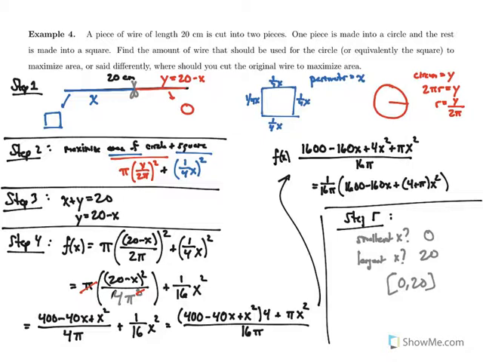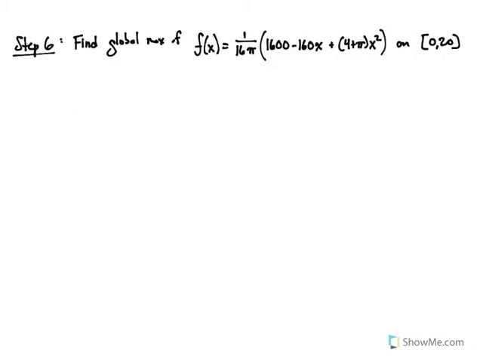All right, on the next page, let's rewrite the function in the domain. So we have: find the global max of this kind of gross looking function on the interval 0 to 20. Even though this is a gross looking function, the derivative is fairly easy to find as it's just a polynomial.